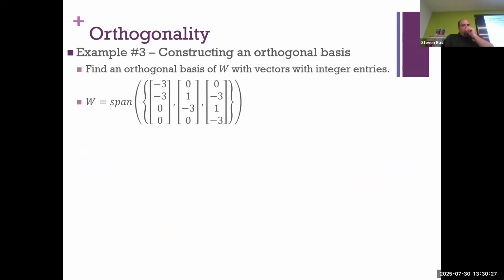All right. Let's do another one. This time I'm mandating that whatever vectors we come up with have integer quantities in the entries in the vectors. So let's try not to be clever this time and just go in order. So I'm going to require that u1 is equal to -3, -3, 0, 0.